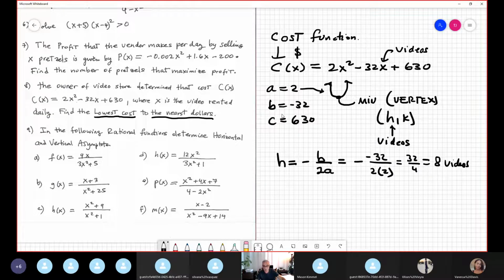Okay, is that the answer? No. The answer is C evaluated at 8 videos, because I want to find the cost, which I suppose is the minimum. And the function, I put it in my calculator, of course. Basically, you put in the calculator 2 times 8 squared minus 32 times 8 plus 630.